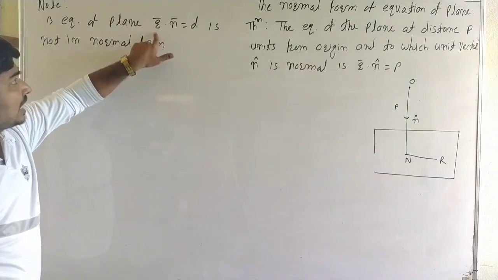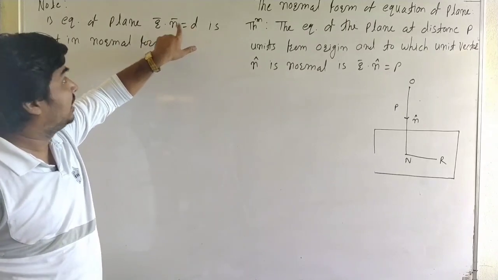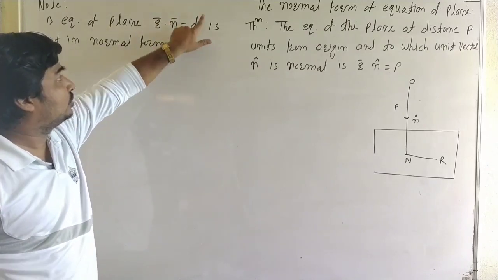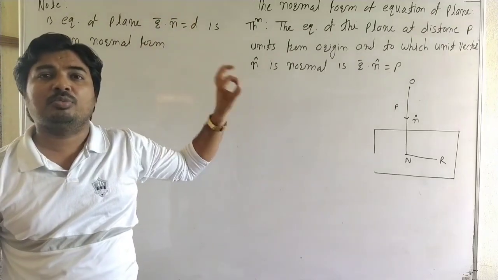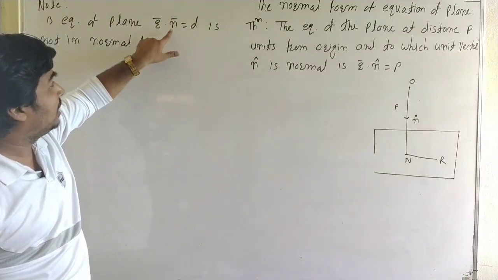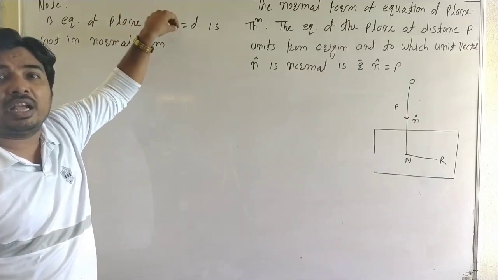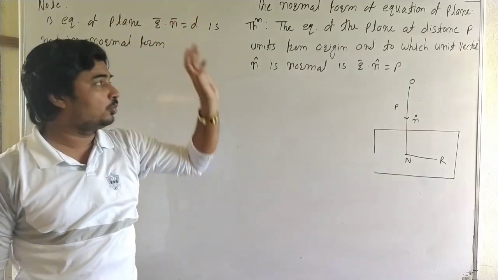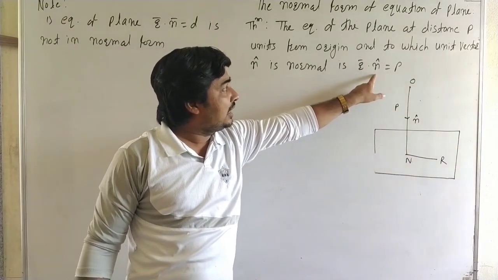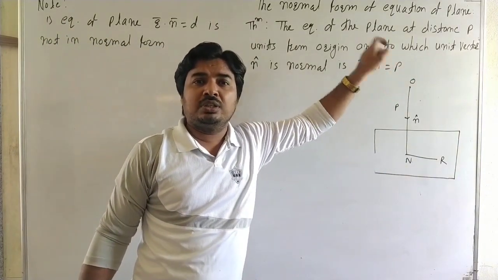So this d is not the distance of the plane from the origin. When N bar is N cap, that means a unit normal, then the constant is the distance of the plane from the origin. Here R bar dot N cap is equal to P, therefore this P is the distance of the plane from the origin.